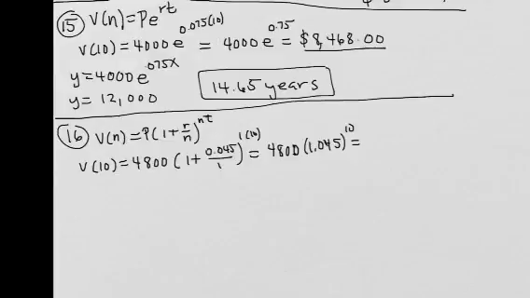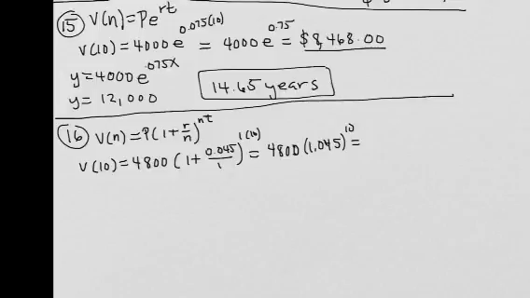Okay, so for number 16, we use this equation. I know that there's another equation, but this one would work for compounded annually also. So the n would be 1. So principal is 4,800. The rate is 4.5%, which you have to change to a decimal. The time is 10 years.